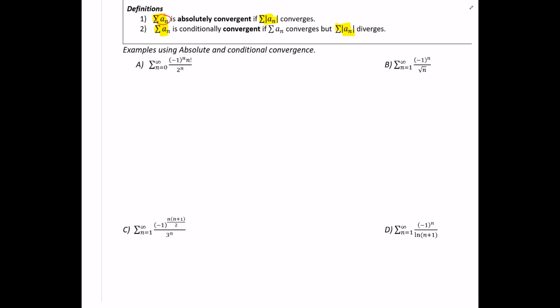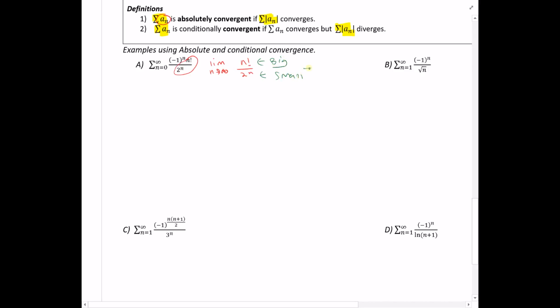Okay, so the first thing we want to check is, can I just check that the original thing diverges, right? So let's do the first thing we should always be doing, our nth term test for divergence. This is an alternating series, so we're just going to look at n factorial over 2 to the n. And I don't know if you know by now, but factorials are one of the only things that grow faster than exponentials, so this is going to be big over small.